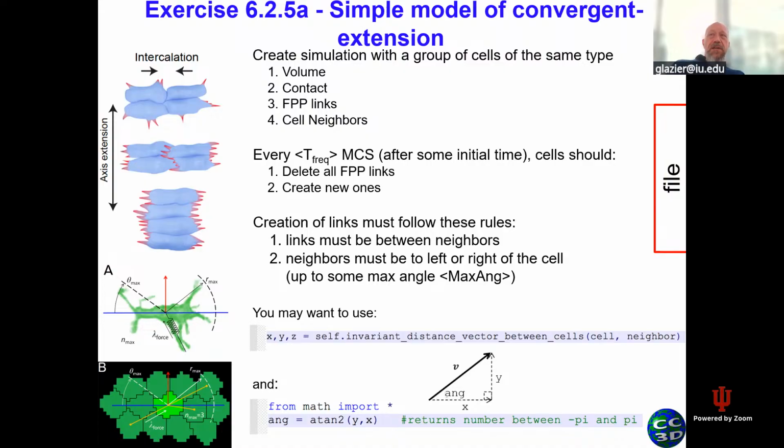If the angle is less than the threshold, you allow the angle to be on the other side too. Before, we had the cell just create links towards the right. Now the cell is going to create links to the right and to the left, and all the cells are going to do that at the same time.